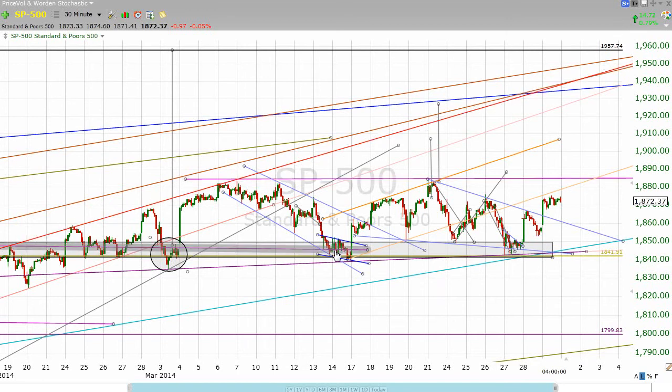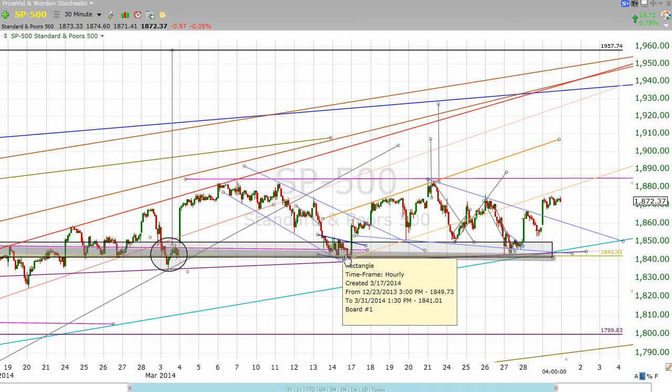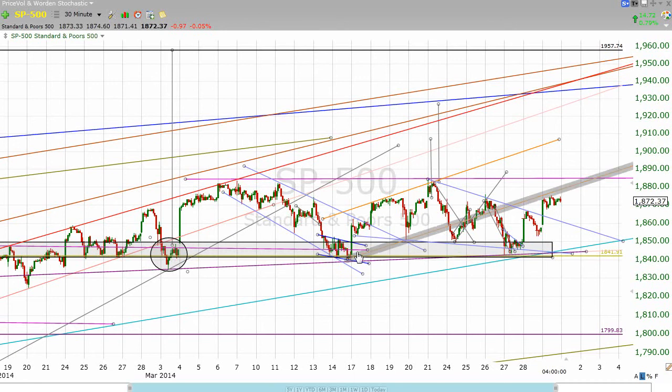Then we came down to the 1840 area again, made a little bottom. Then we came up to the low 1880s again. Then we came down, made another little bottom, in the 1840s. And the question is, is this rinse and repeat? Well, with what we see in today's action, at least so far, it looks like rinse and repeat.